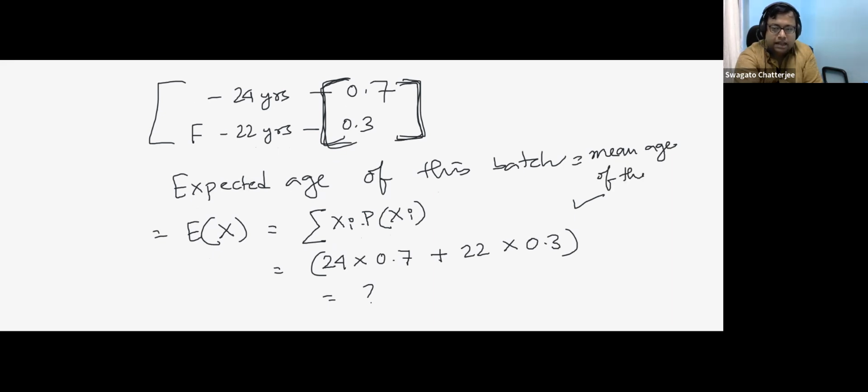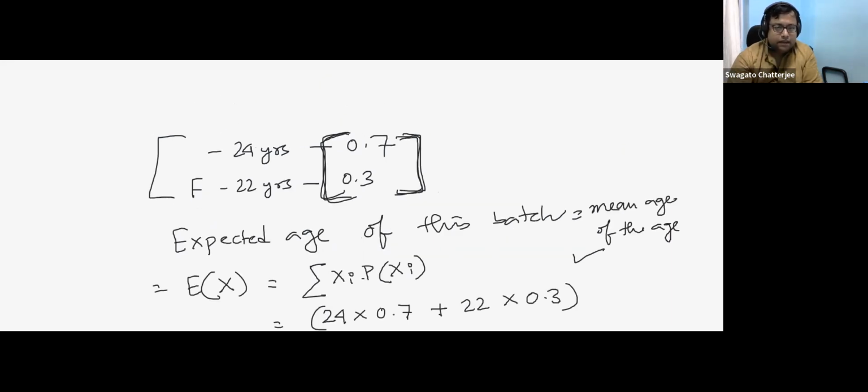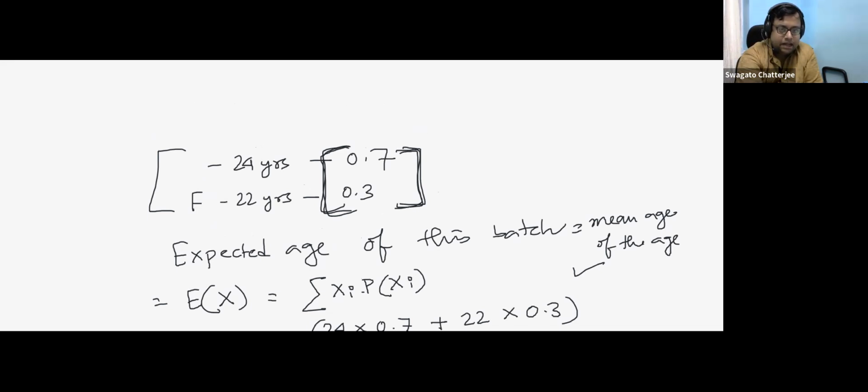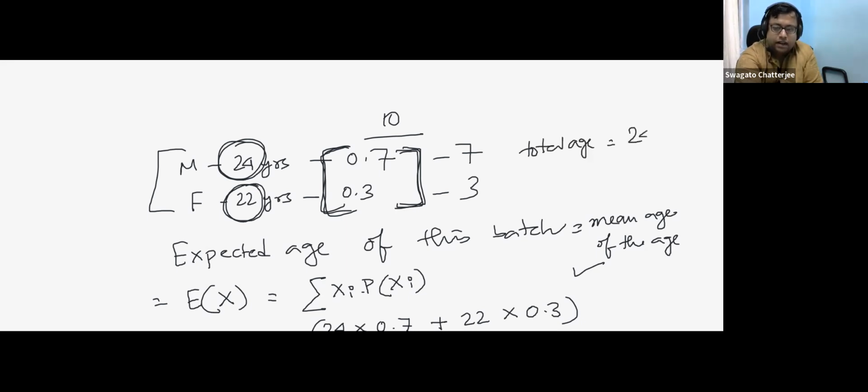Why is this the mean age of the batch? You see, if there are 10 people in the batch, say 7 male and 3 female, and the 7 males' average age is 24 and the 3 females' average age is 22. So what is the total age of the males? 24 into 7. And the total age of the females is 22 into 3.